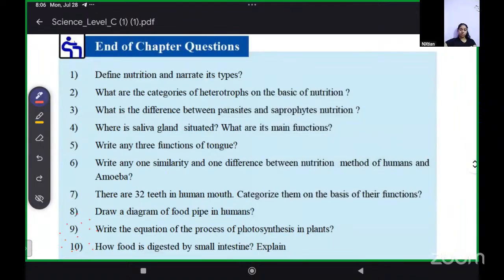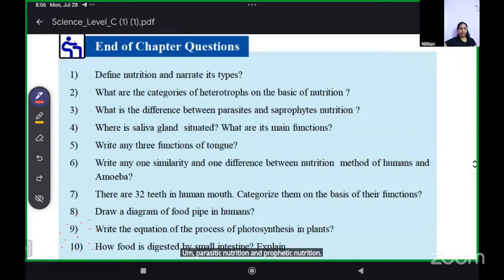The types of nutrition are autotrophs and heterotrophs. Yes. Autotrophic and heterotrophic nutrition. Okay. If you want to further elaborate, you can also put parasitic nutrition and saprophytic nutrition.